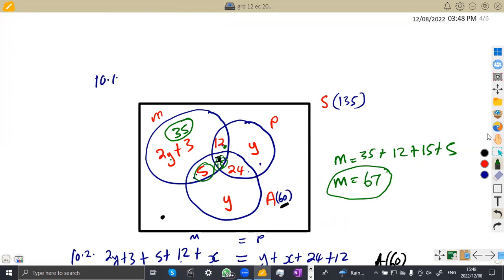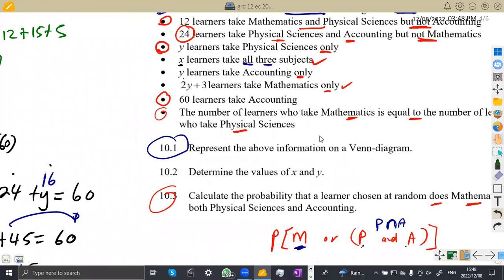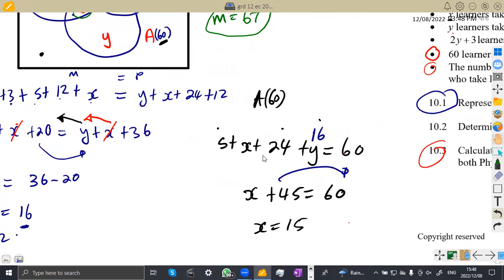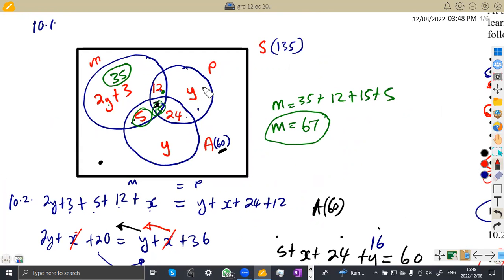All right. Then let's move on to the other stage here. We said when they are asking you for P and A, physical sciences and accounting, that is the intersection of physical sciences and accounting. So we have to cross-check on the intersection.